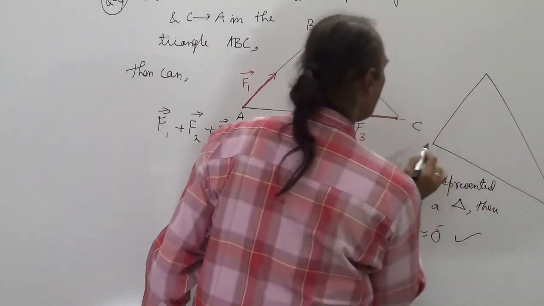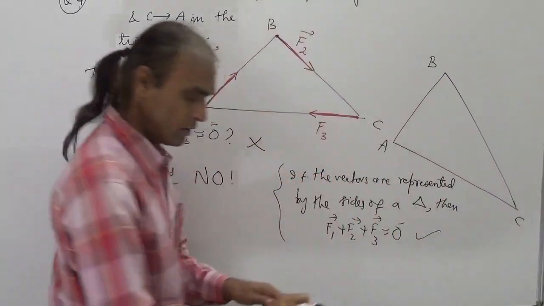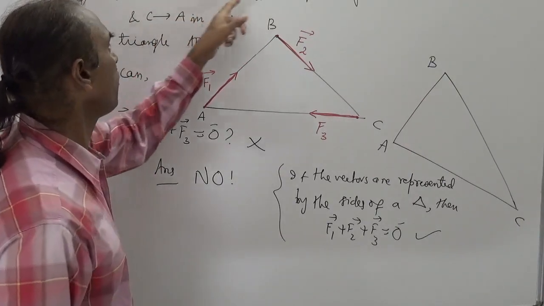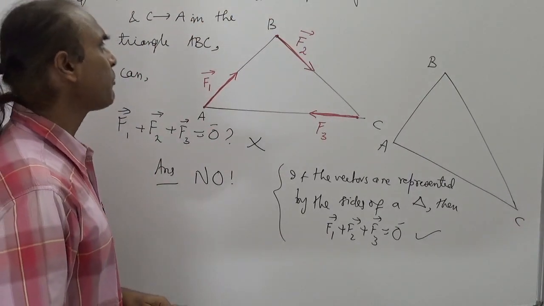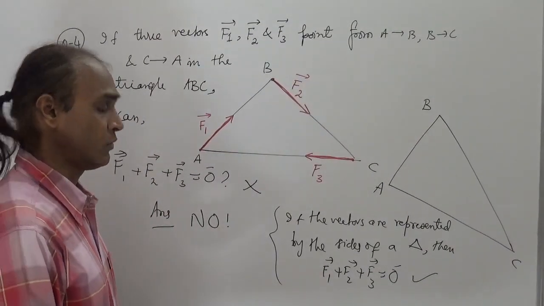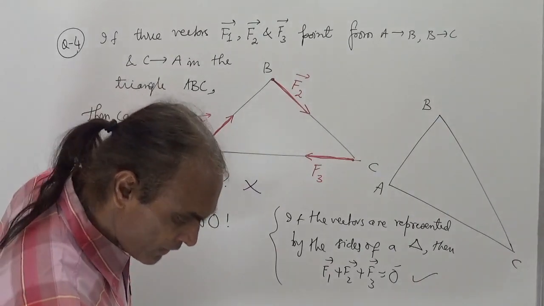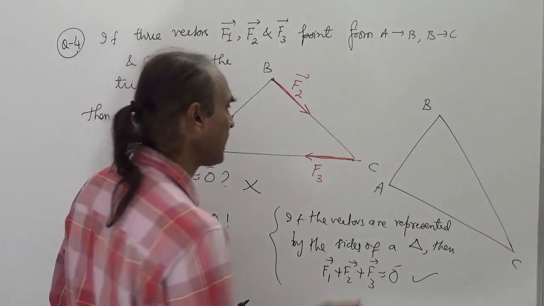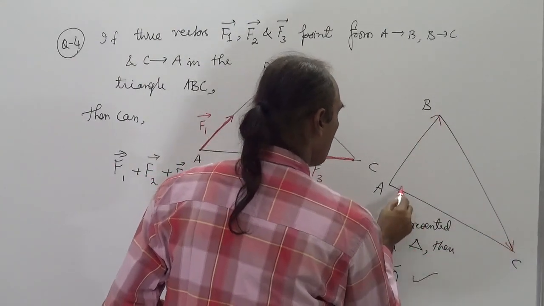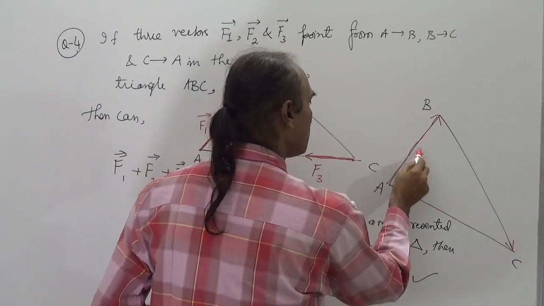If you take the triangle A, B and C, and you ask that these forces not only point from A to B, B to C and C to A, but also that the sides represent the forces, then the diagram would be in this way. This is the force F1.